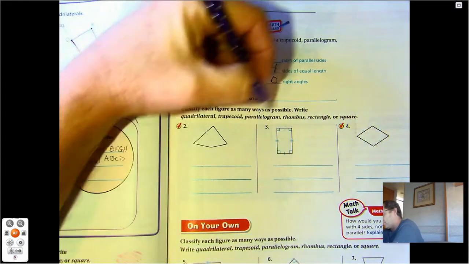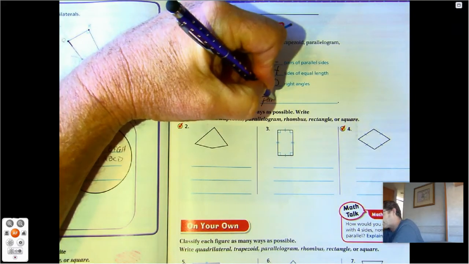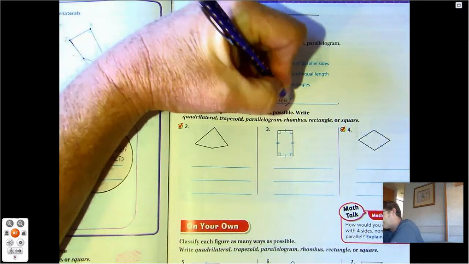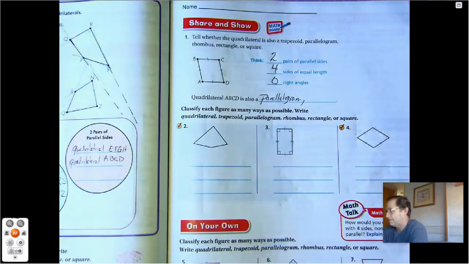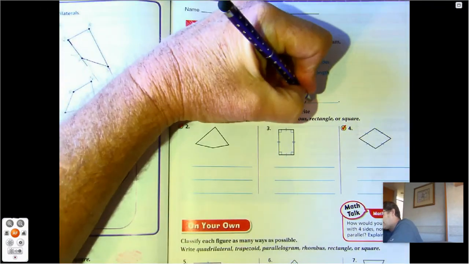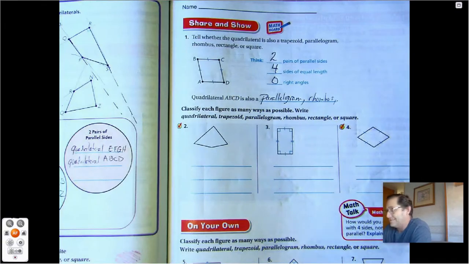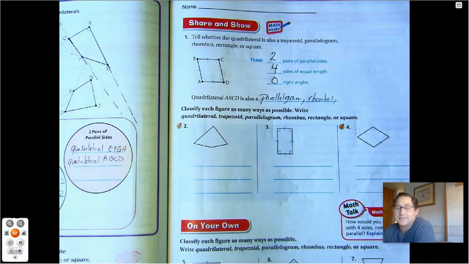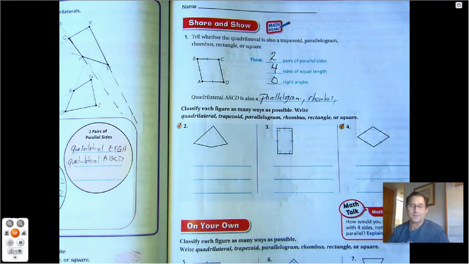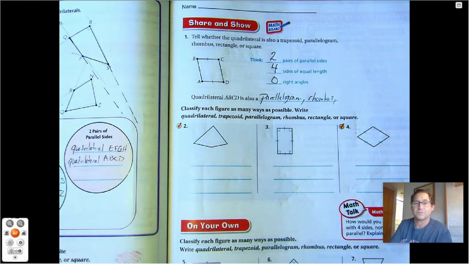It is a parallelogram. It is a rhombus. It is not a rectangle or square because it does not have right angles. All right, so this only has two names.